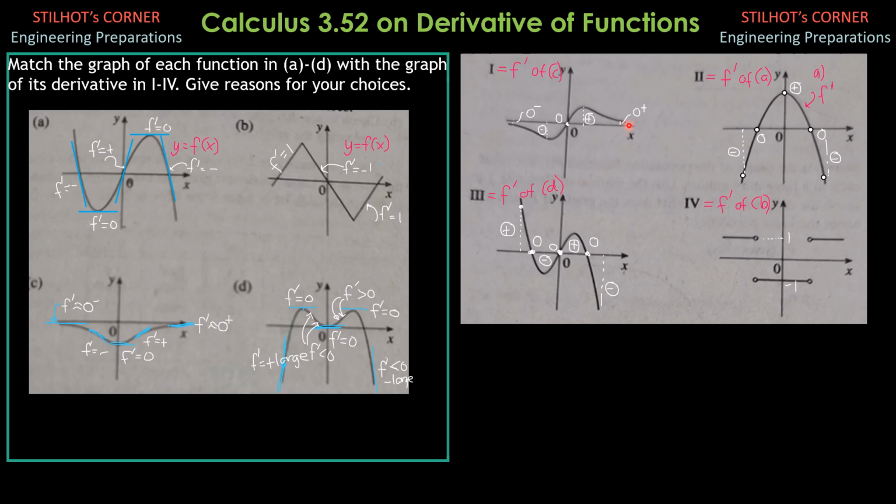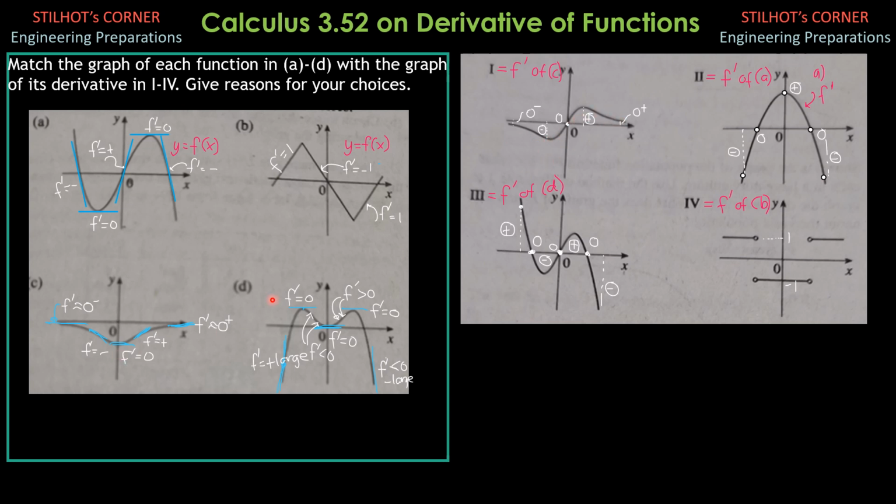So that's why we have a y value here which is almost 0 but still positive. Therefore, the f prime of graph C matches with that of graph 1. The graph of f prime of C is that.